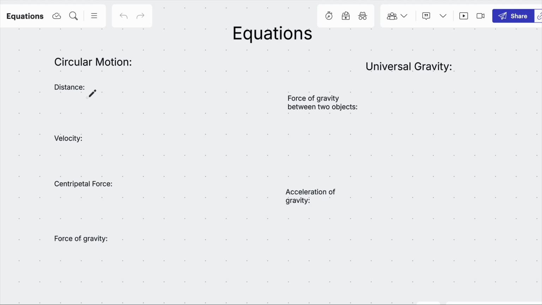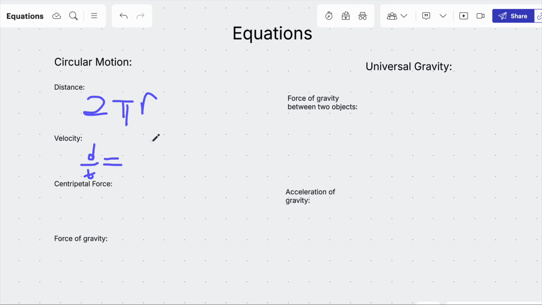For distance in circular motion, since everything's going in a perfect circle, we just need the circumference of the circle. That'll be the distance, so that will be 2 pi times the radius, 2 pi r. Amazing handwriting, but yeah. Velocity for circular motion is always distance over time.